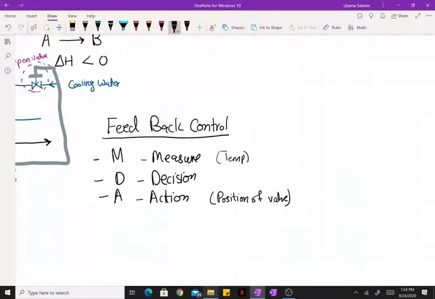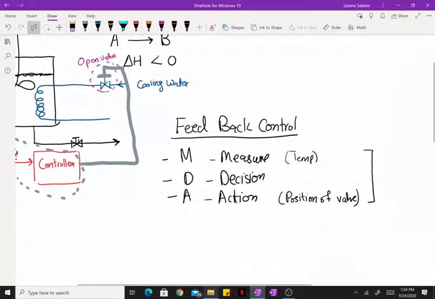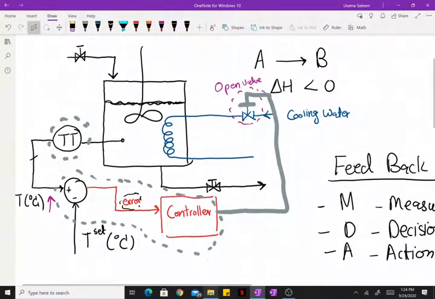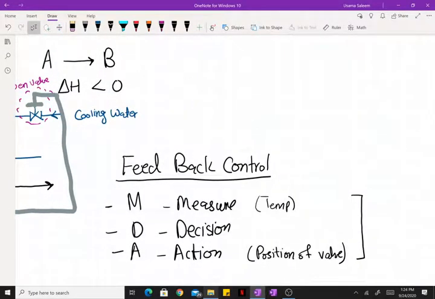Now this is just a rough conception of what is actually being measured, the decision tree and the action. As we dive deeper into the entire structure of feedback control, we will revise and come up with more sophisticated definitions of these terms.